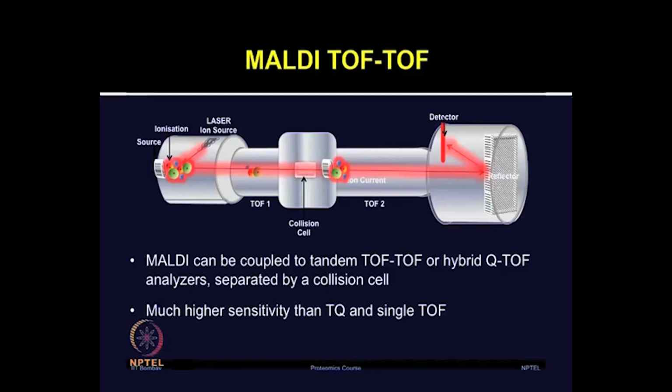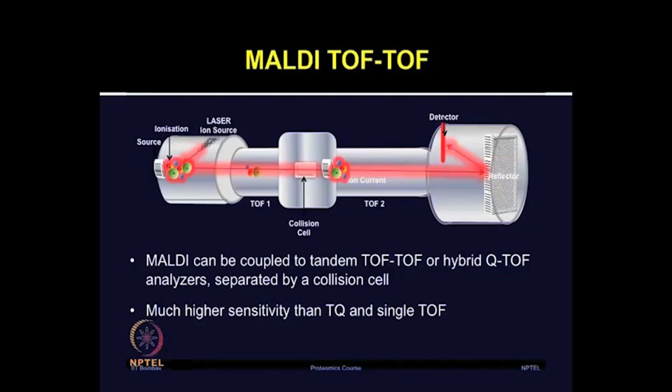For proteomic applications, it is recommended to use TOF-TOF or Q-TOF. The peptide ions are accelerated through the first time of flight tube, as you can see in the slide, and then they are dissociated by introducing an inert gas into the collision cell. This process allows collision induced dissociation spectra to be produced from the MALDI precursor ions.